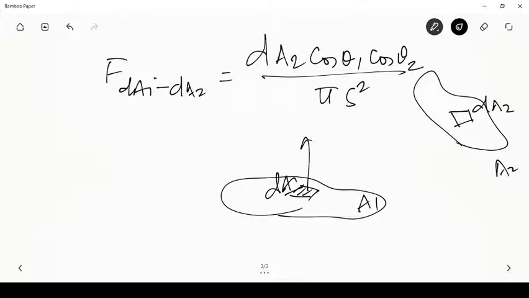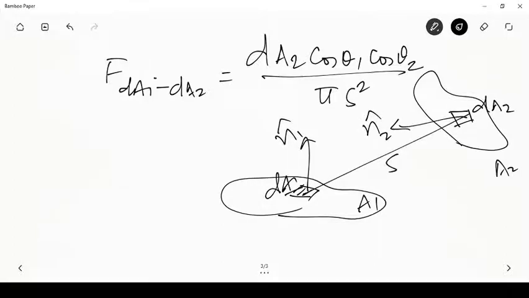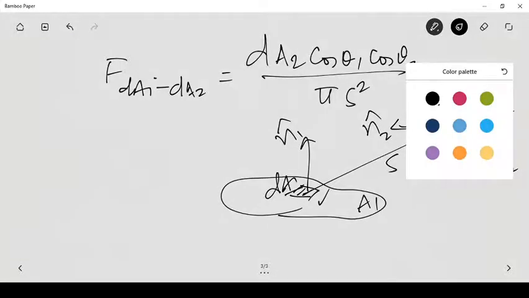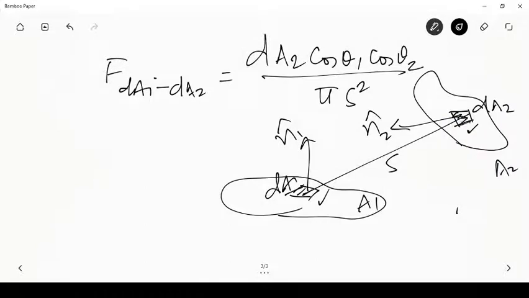Okay, so this is the normal N1 and this is the normal N2, and these are connected like this here with the distance S. So now we have written between elemental area dA1 and elemental area dA2. Now that needs to be integrated over the surface A1 and surface A2 to say what is the amount of energy that leaves this surface A1 that reaches this surface A2. This is an important result that we will need every time we want to calculate the integral.